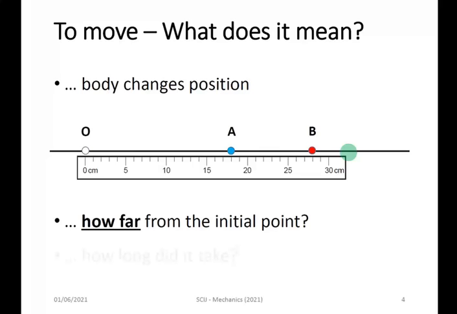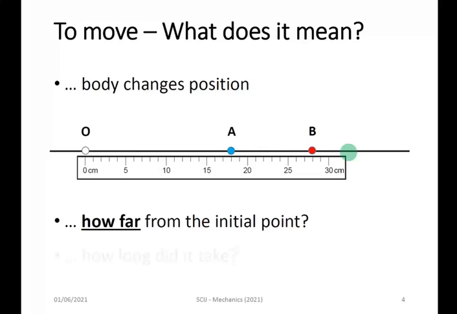We can put a value on how far by using a calibrated instrument. The simple one you can see on the screen is a meter rule, or just the simple ruler that we use in our classrooms. You just place it close by the two positions and you can tell how far the particles have moved.